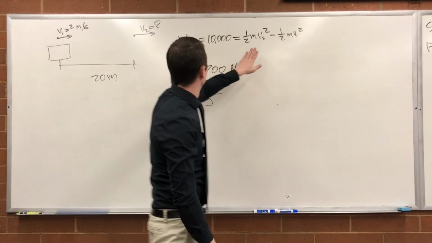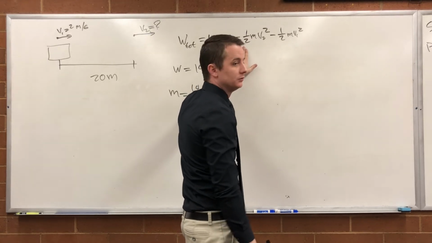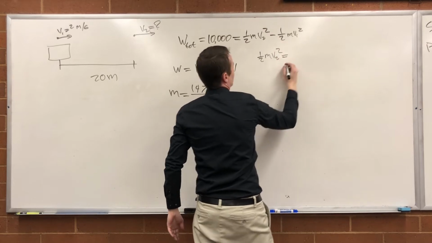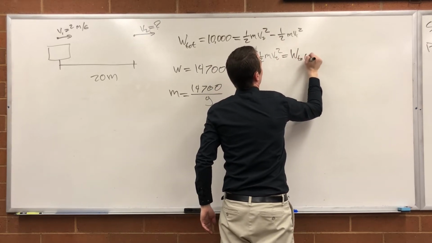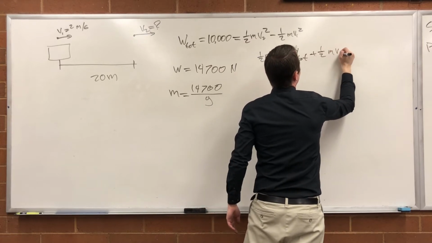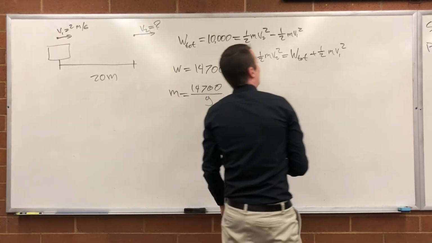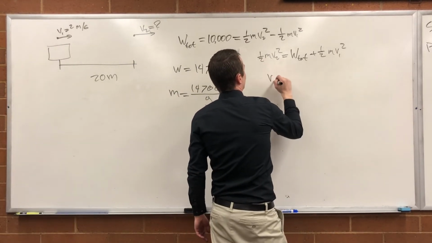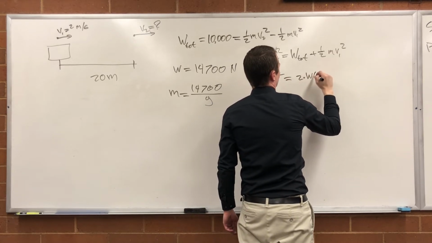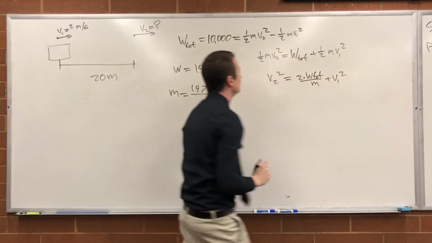We're trying to solve for v2. Let's quickly rework this equation in terms of v2. I know that 1/2 m v2 squared is equal to work total, which we know is 10,000, plus 1/2 m v1 squared. Multiply both sides by 2 and divide both sides by m, so we get v2 squared is equal to 2 times work total over m, plus v1 squared.